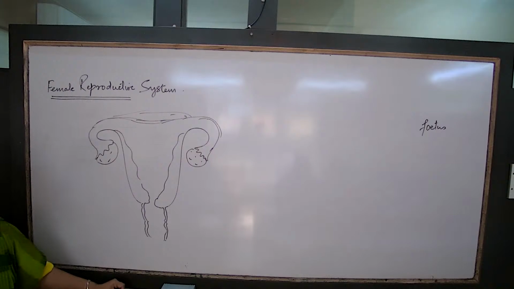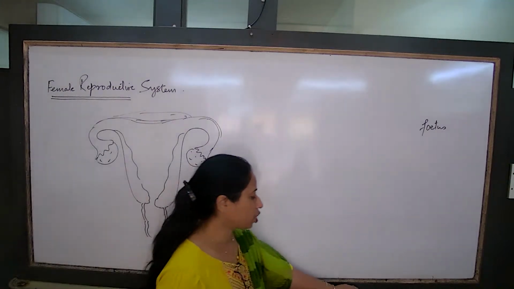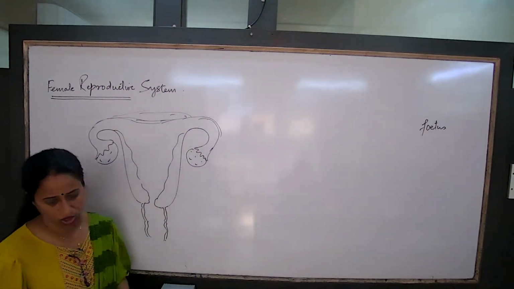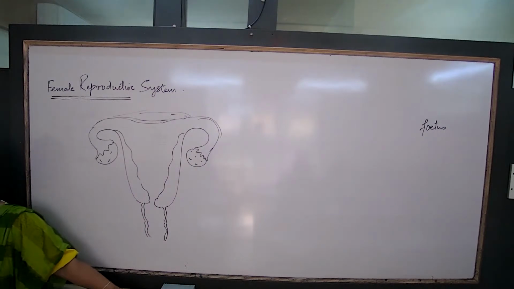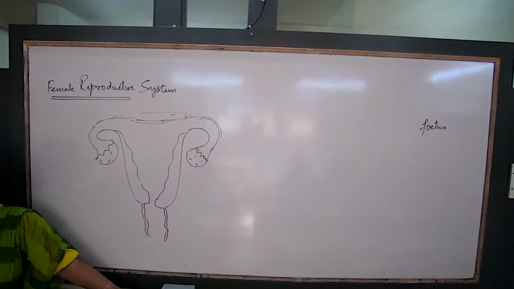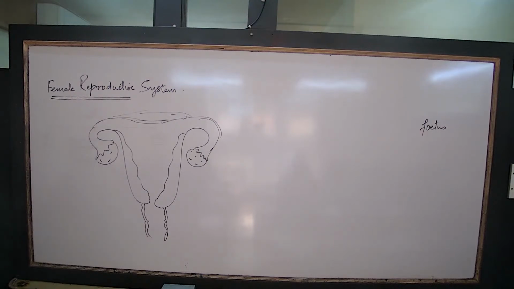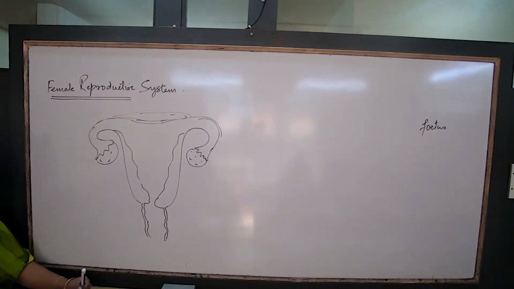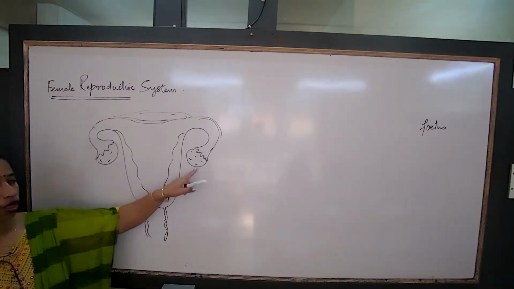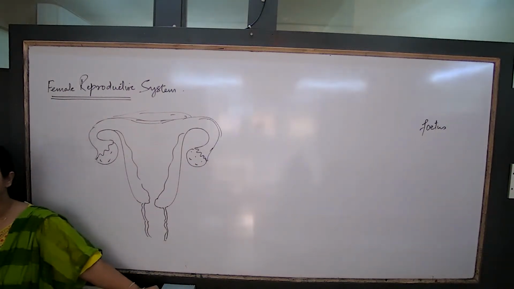Let me start from there again. So when we are talking about the concept of ovulation, we had already learned inside the ovary, what are some features? If you look into the section of the ovary, it would always show that there are some basic processes happening inside. I had already explained this the other day, that whenever we talk about the section of the ovary, what is happening inside the ovary?